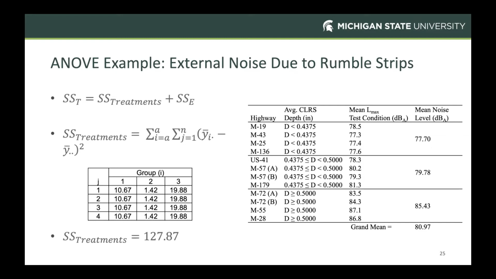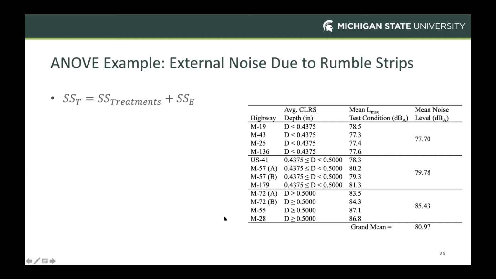127.87, which as you recall is quite large in terms of the relative proportion of SS total, which was presented on the preceding slide. And then lastly, our error sum of squares is just going to be equal to the square difference of each of these individual data points versus its own group mean.